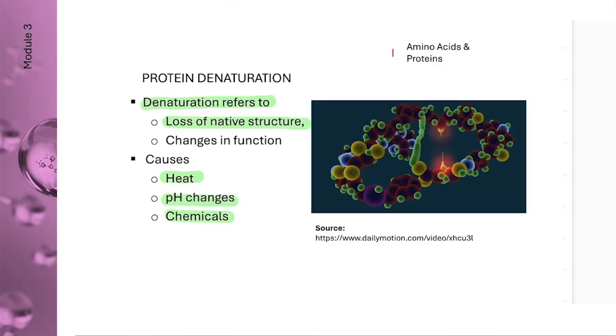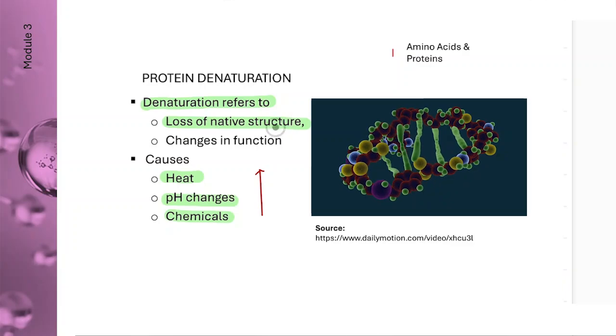A protein that is exposed to all these insults becomes denatured. And a lot of things happen when a protein is denatured, and we'll be looking at practical examples of protein denaturing. When a protein denatures, it's not necessarily a bad thing, but one thing that happens is a loss of structure and loss of function.